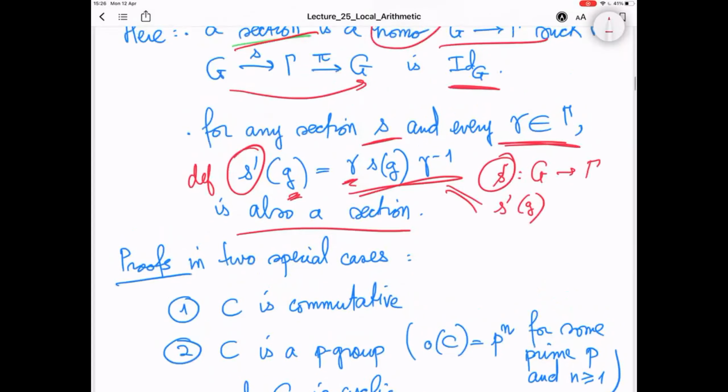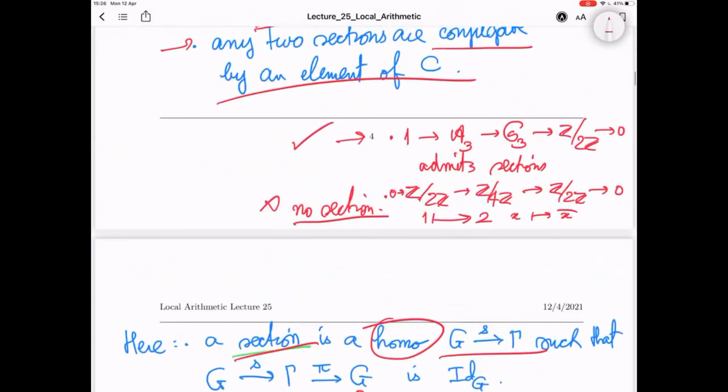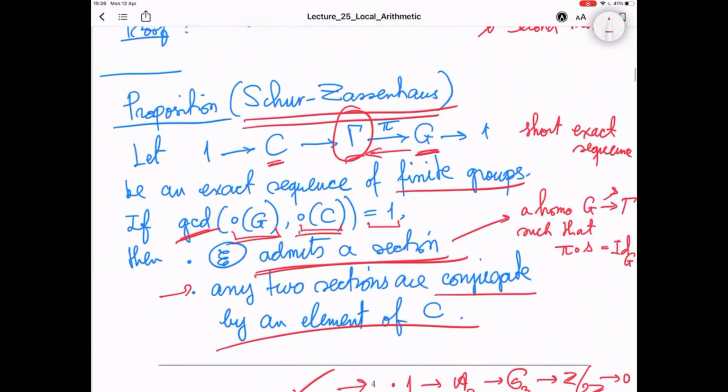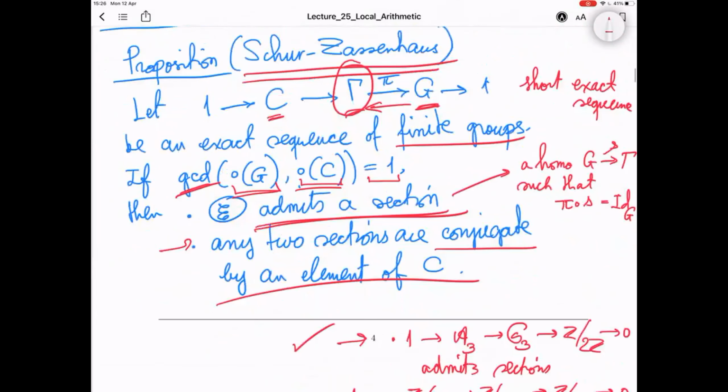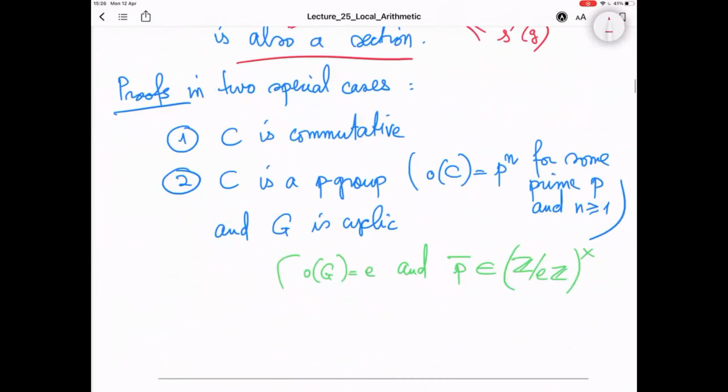Now, this is a very important, purely algebraic result. Okay, let me not keep on saying that it's very important. So we will prove it only in two special cases.